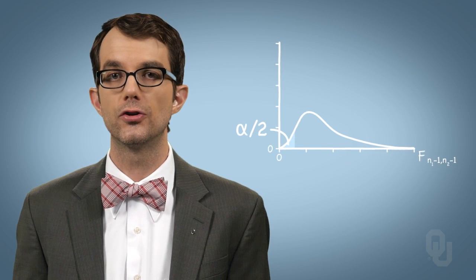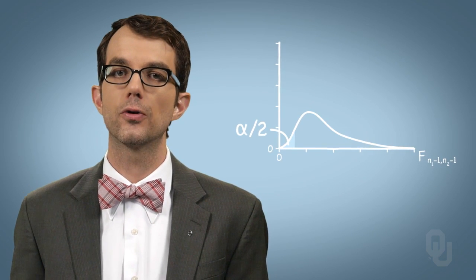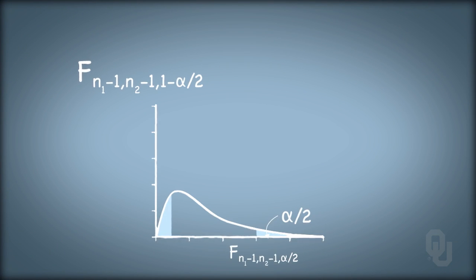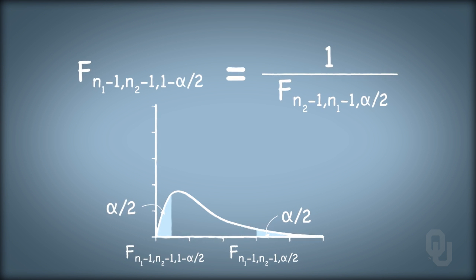To find alpha over 2 in the lower tail, that corresponds to 1 minus alpha over 2 in the upper tail. So we want f sub n1 minus 1, n2 minus 1, 1 minus alpha over 2. This isn't given to us in the table, but we can calculate it as the inverse of f for alpha over 2 in the upper tail, with the degrees of freedom reversed.